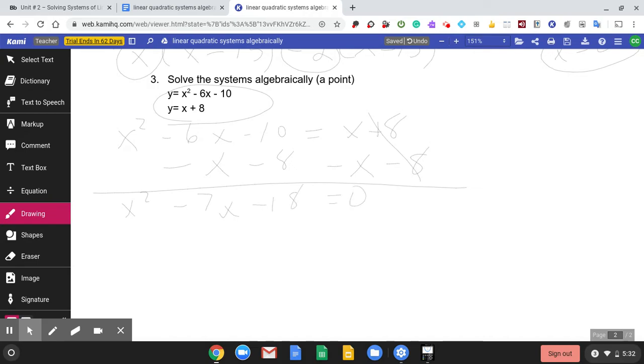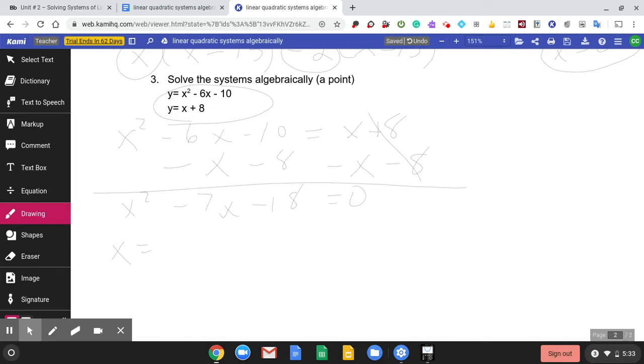So at this point, I may be unsure of what numbers multiply to be 18 and combine to be 7, negative 18 and negative 7. So I'm going to use the quadratic formula. So I'm going to say x equals negative b.